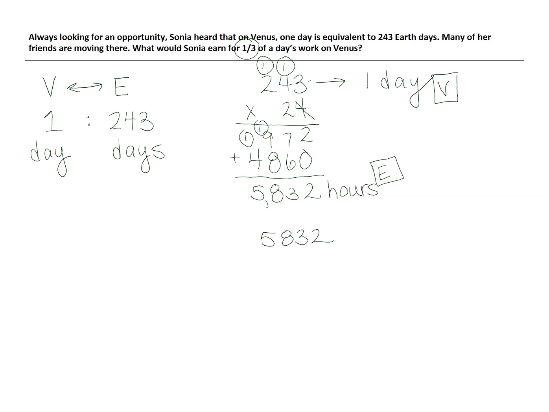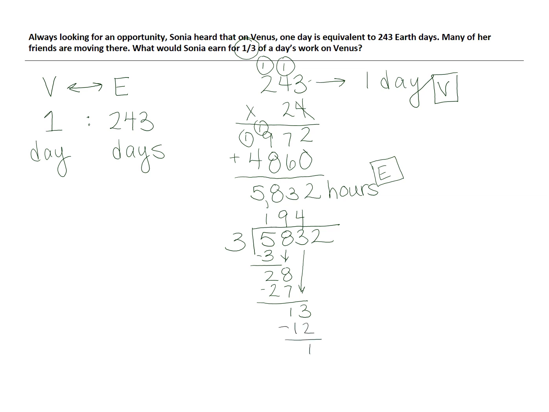So we're doing 1/3 of this, so we're going to divide by 3. 3 is able to divide 5 one time. 2 left over, bring down the 8. 3 is able to divide 28 9 times, which is 27. 1 left over, bring down the 3. 3 is able to divide 13 4 times, which is 12.